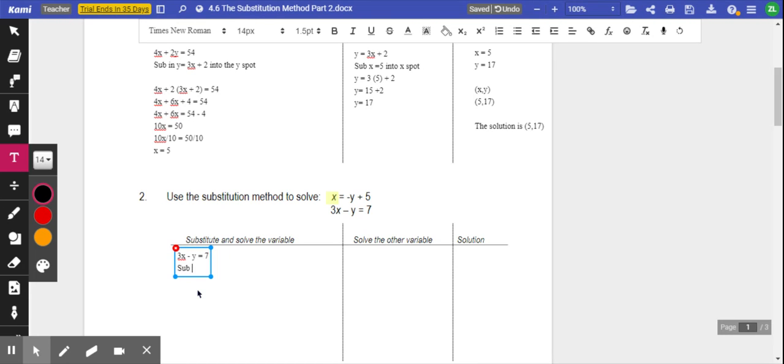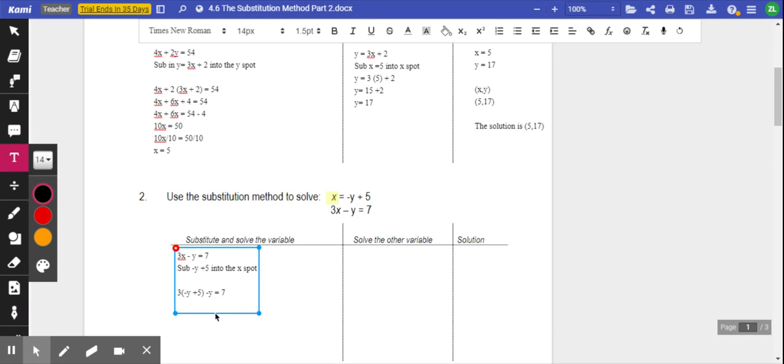And we're going to sub in whatever x is equal to. So sub negative y plus 5 into the x spot. So what that's going to look like is 3 times negative y plus 5 minus y equals 7. So all we've done there is sub in that whole expression into the x spot.